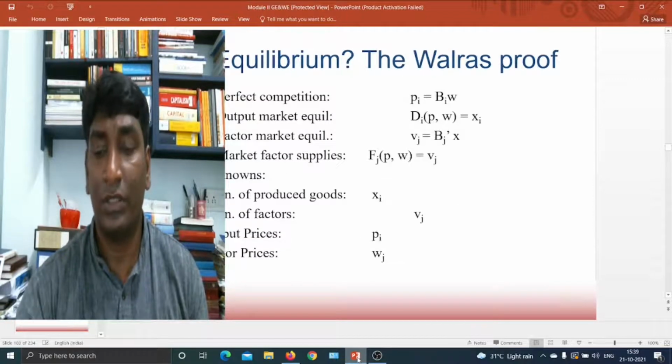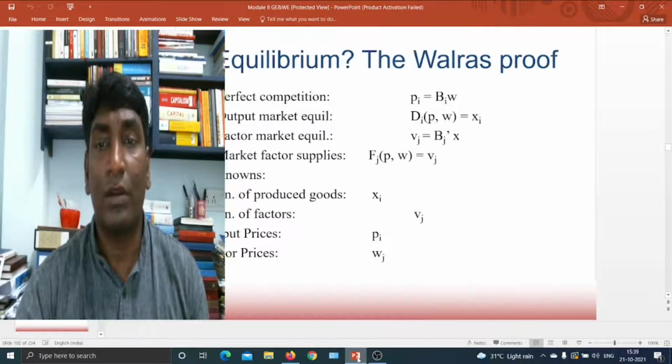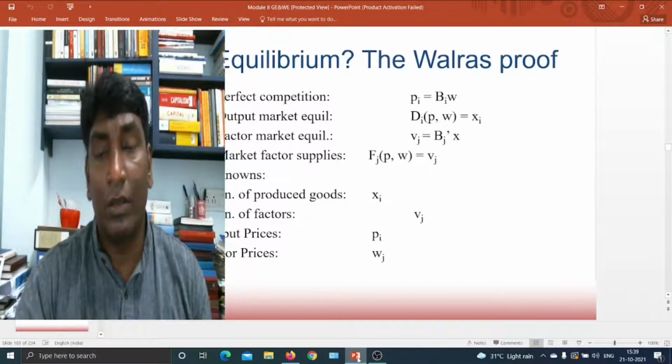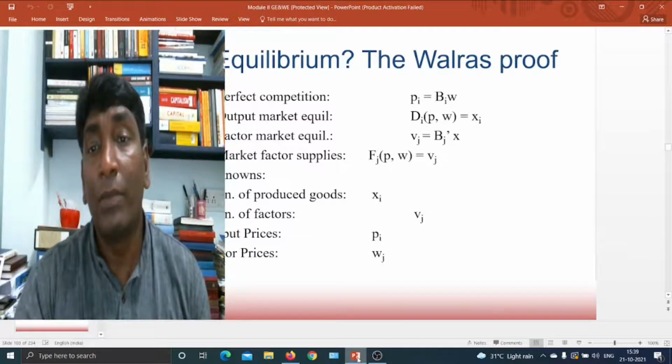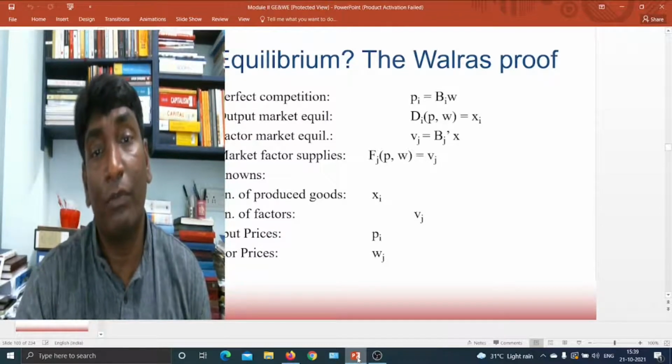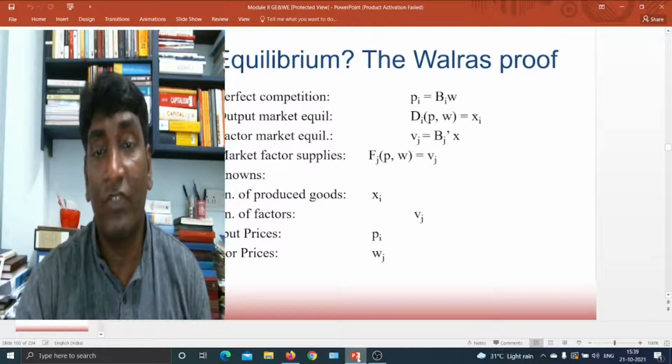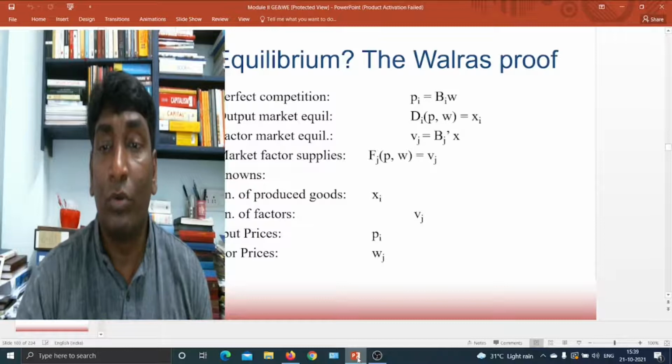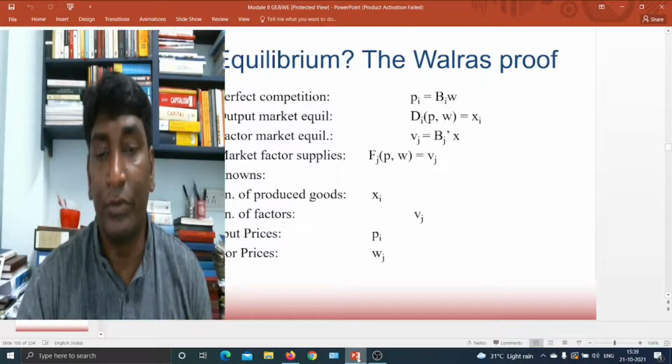This is a caveat you can observe from a very preliminary observation. If you think about equilibrium, there are proofs we have already discussed: the perfect competition case, output market case, factor market equilibrium and market factor supplies. So you have four equations in that sense, and four unknowns: xi, vj, pi, as well as wj.